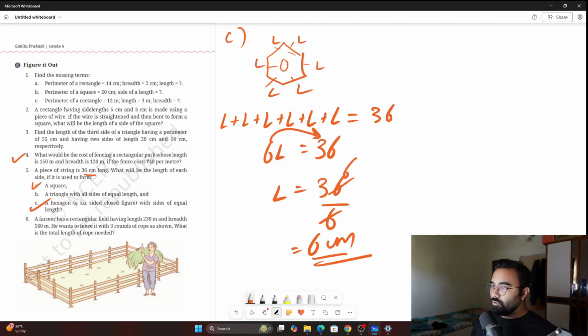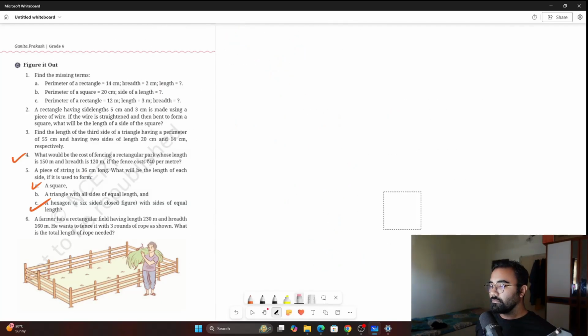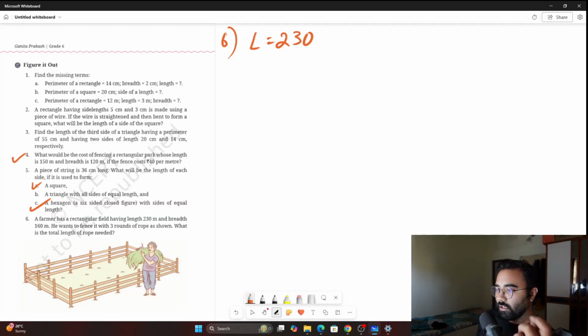Alright guys, we move to question number 6. A farmer has a rectangular field having a length of 230 meter and breadth 160 meter.